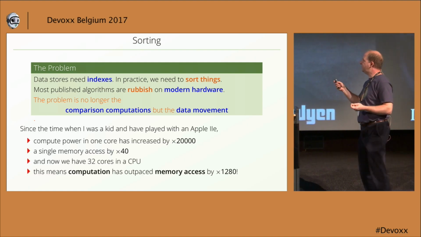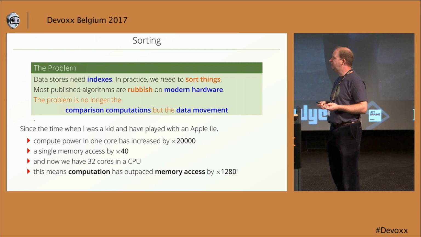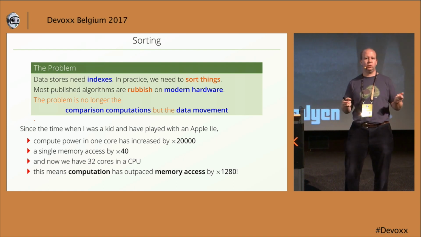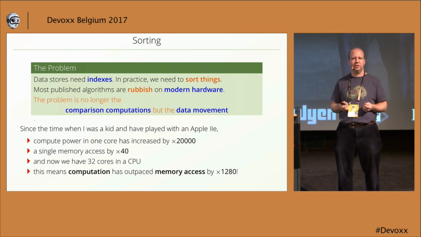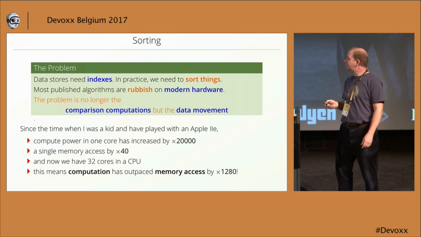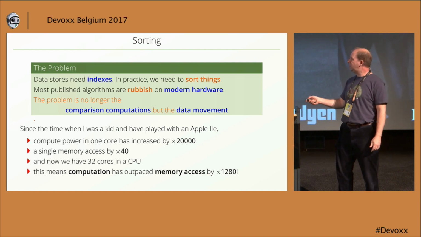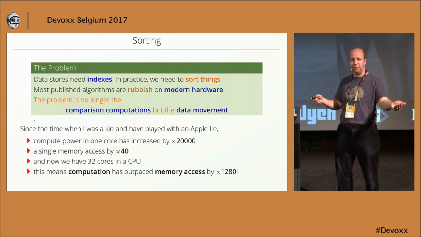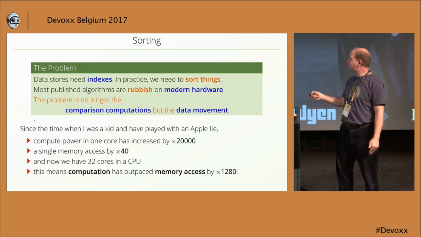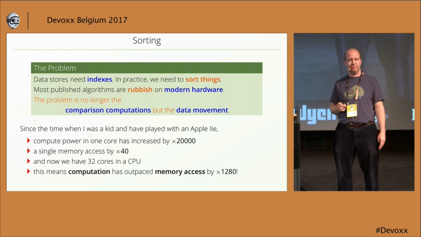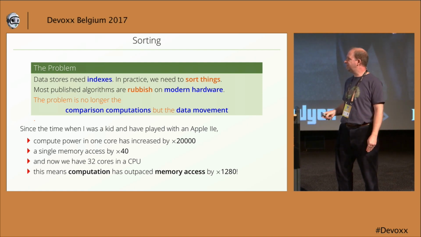When I was a kid and played with my Apple IIe, there was a 1 megahertz processor in there, a 6502. And since then, in comparison to this laptop here, the compute power in one core, obviously at the time it was only one core, has increased by a factor of 20,000, approximately.